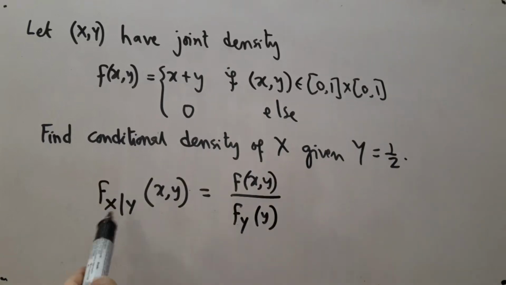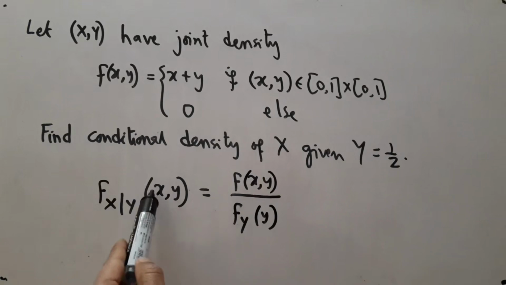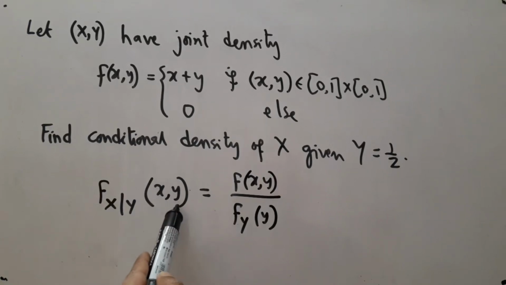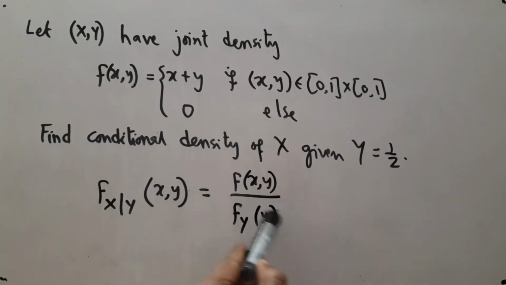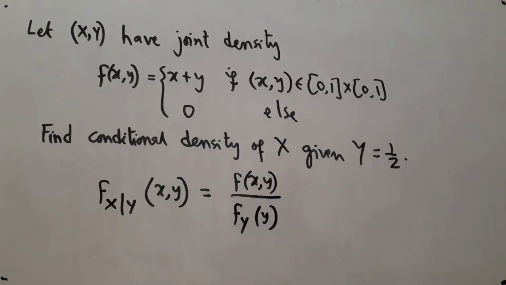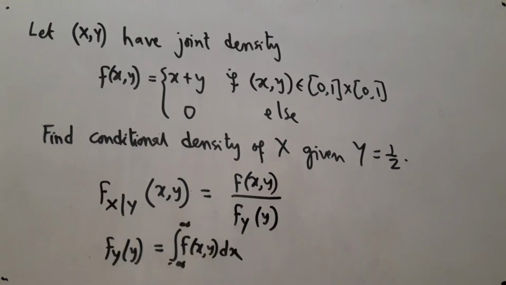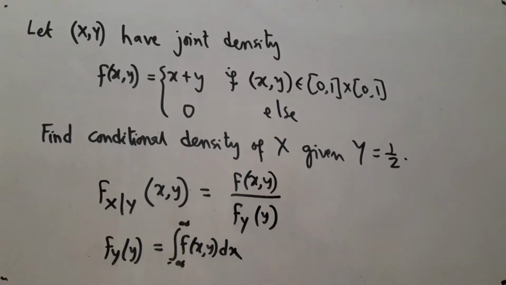F of x given y, this is the value at which you are finding the density, this is the given value of y, the joint density divided by marginal of y, and in case you do not remember how to compute marginal of y, this is the formula for computing that. You just integrate out the variable that you are not interested in, in this case x. So just plug in the various things here and compute this quantity.